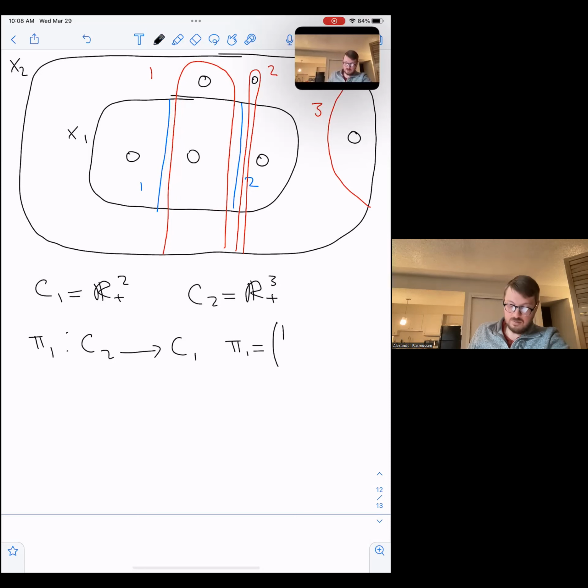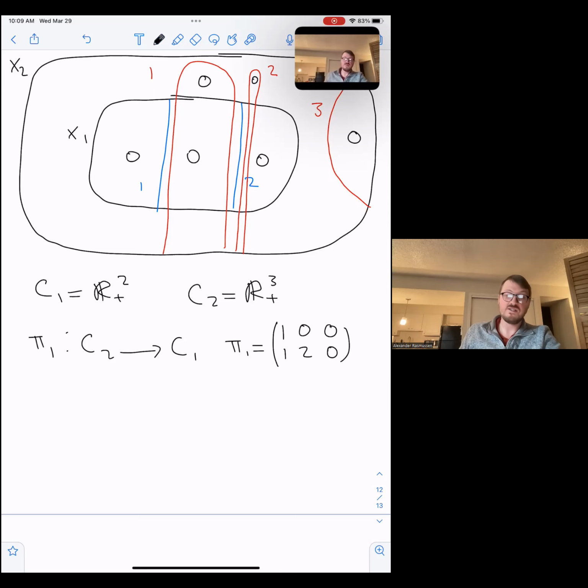So our first column is going to be 1, 1. Our second red homotopy class doesn't run over the blue homotopy class 1, but it does run over the blue homotopy class 2 twice. So our second column is 0, 2. And our third red arc is disjoint from x1, doesn't run over any homotopy class on x1. So we'll just put a 0, 0 as our last column.